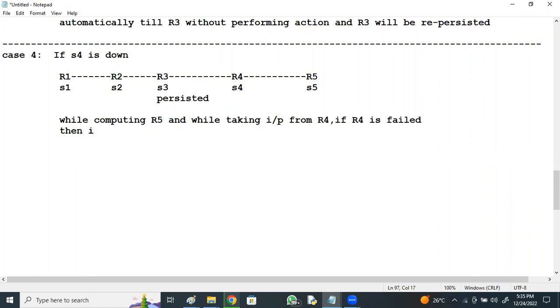Everyone try to answer. Start from R3. Then the input is taken from R3, which is available in RAM.